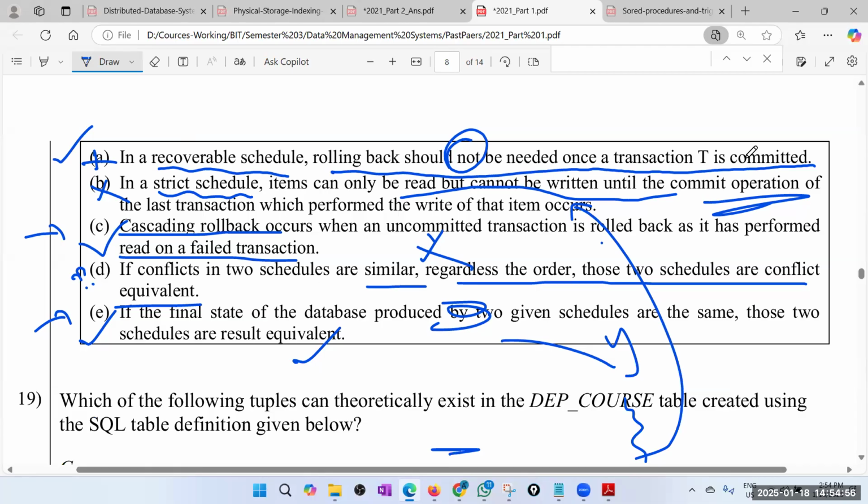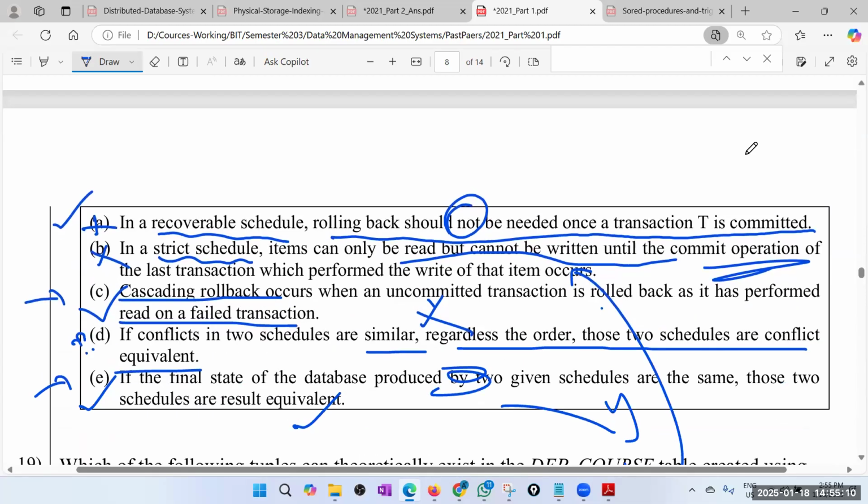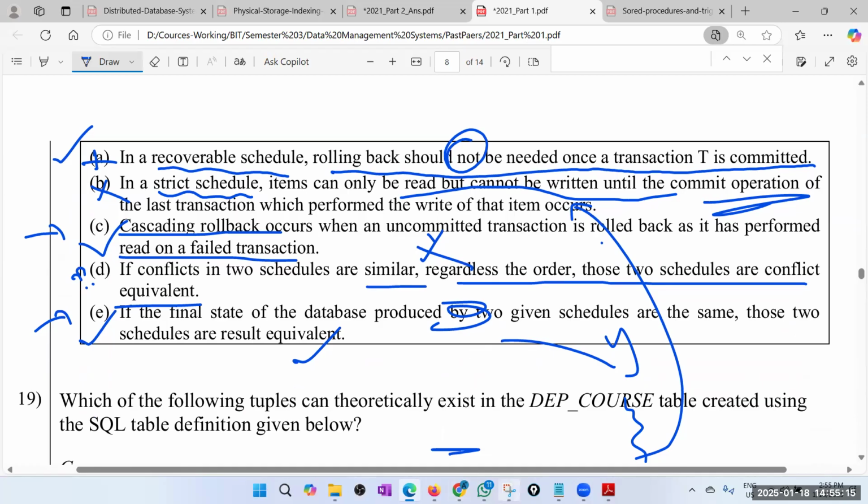Rolling back should not be needed. So recoverable schedule means you recover by... Right. My answer is C and E anyway. Okay. My answer is C and E.